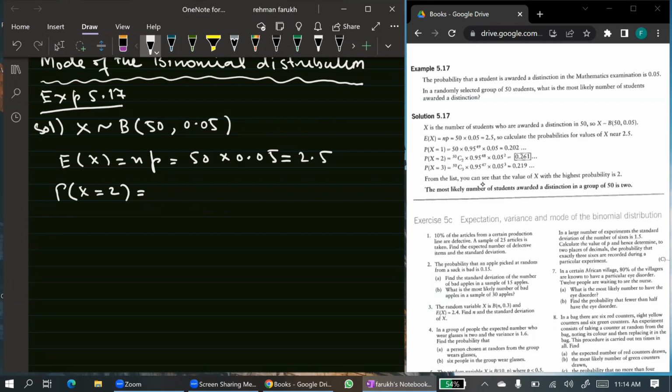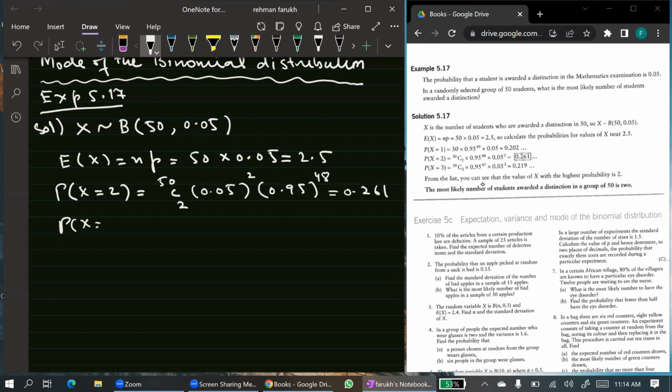For the probability of x equal to 2: 50C2, number of successes is 2, probability of success is 0.05 power 2, and the probability of failure is 1 minus 0.05, that is 0.95 power 48, and the answer is 0.261.